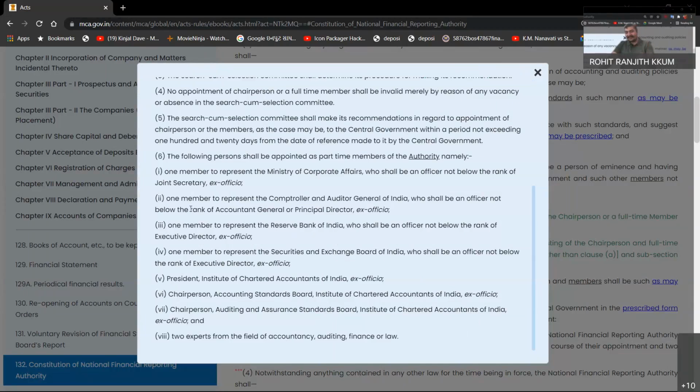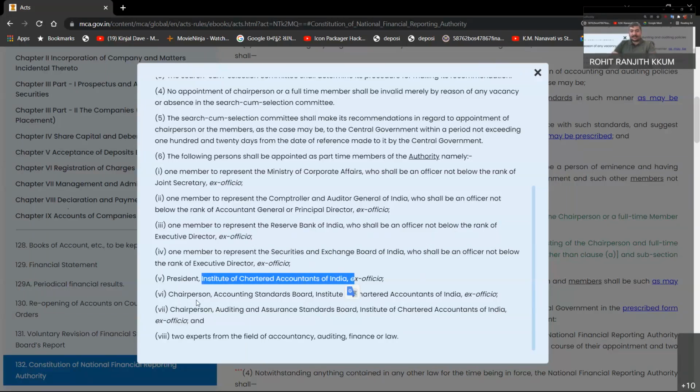सोचो इतनी बड़ी कमेटी में अगर आईसीआई का कोई मेंबर ही नहीं है तो क्या होगा? Look at it, it is there or not. So one member from RBI side, one member from SEBI, president of ICAI will be automatically member of NFRA.